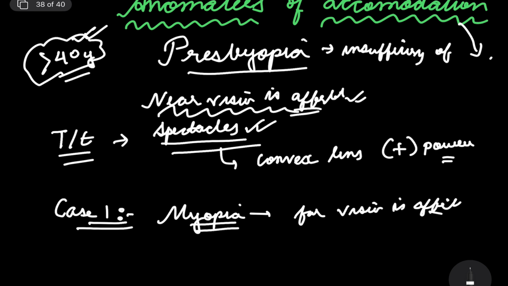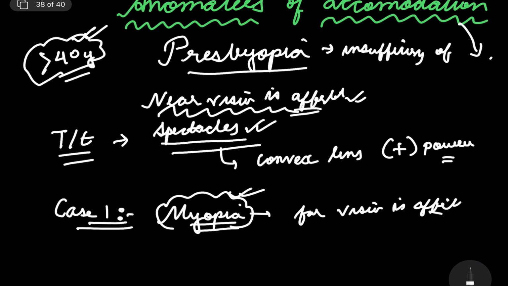And most of the people who actually use glasses are suffering from myopia. That is nearsightedness. Nearsightedness means nearby objects, no problem. Far away objects, problem. Okay.